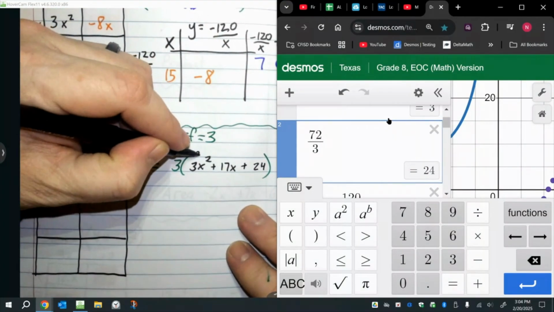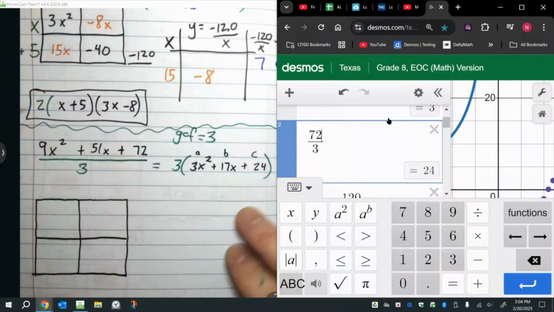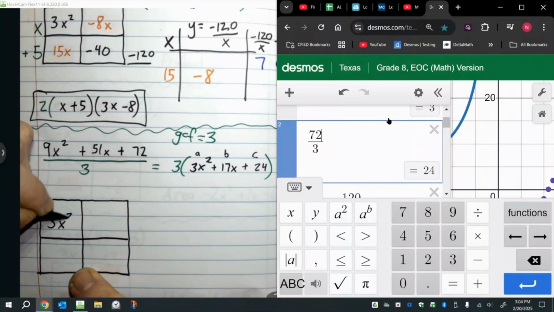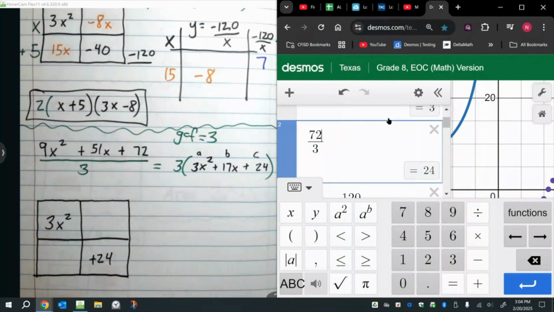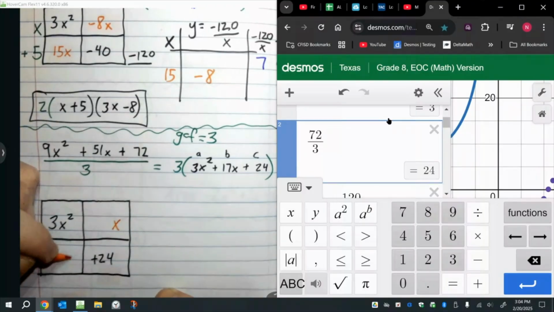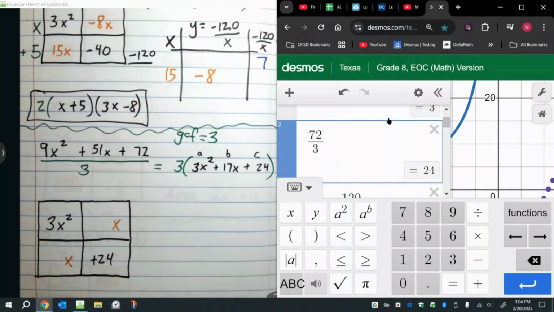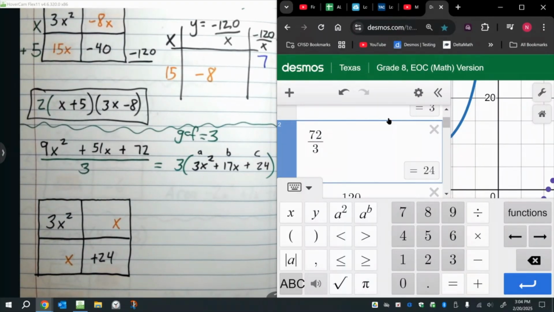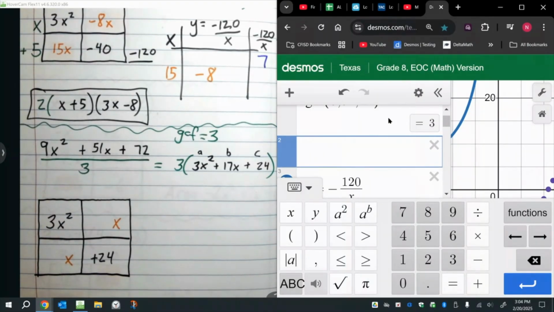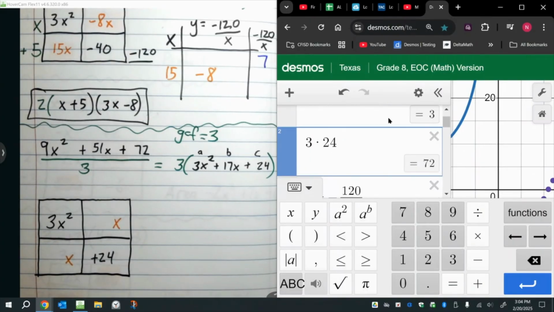So here's my A, B, C. 3x squared plus 24. I know this is going to attach an x to it. What is 3 times 24? 3 times 24, 72.